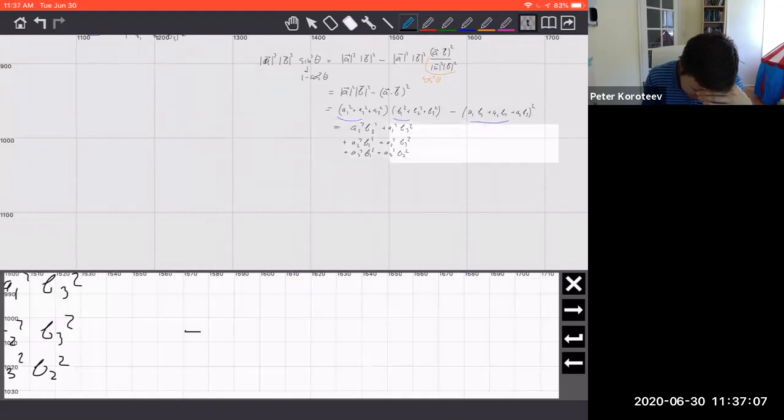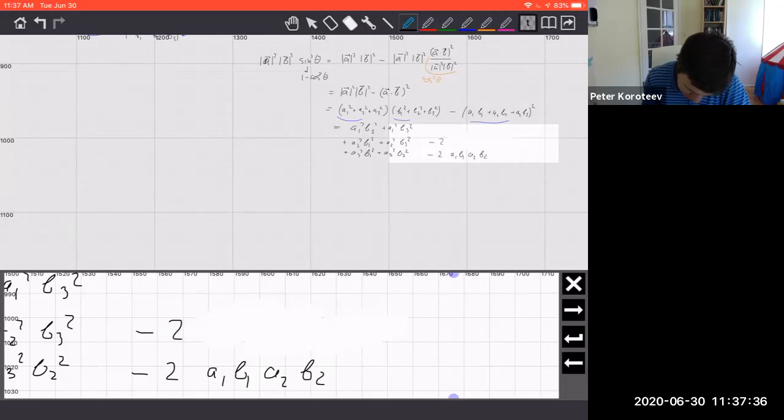And here we only get the cross products, the mixed terms: minus twice a1 b1 a2 b2, minus twice a2 b2 a3 b3, and the first row minus 2 a1 b1 a3 b3. We can try to write them under each term.